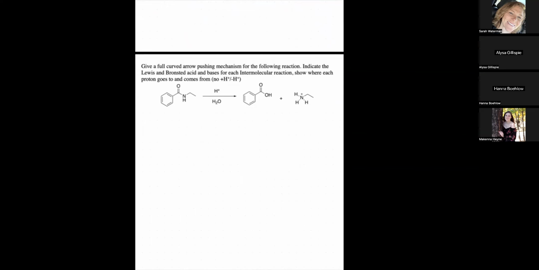And this would be a curved arrow pushing for our amide hydrolysis. So with this one, we're going from an amide to a carboxylic acid, right? So again, water is a weak base. So we have to do some protonation, right?